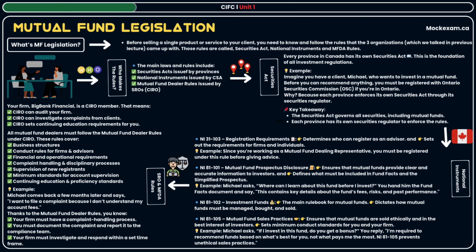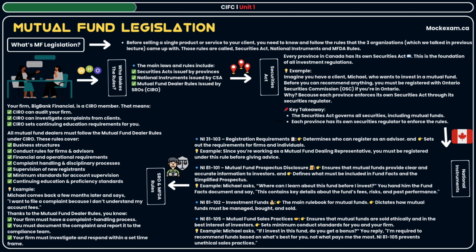These three sets of rules will have overlaps because they all share a single goal. Okay, to protect investors and to have an ethical, fair and honest business in this mutual fund industry.